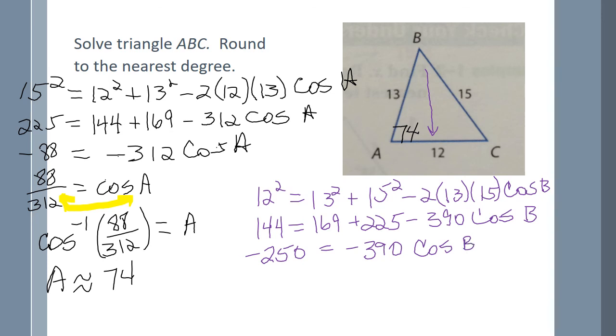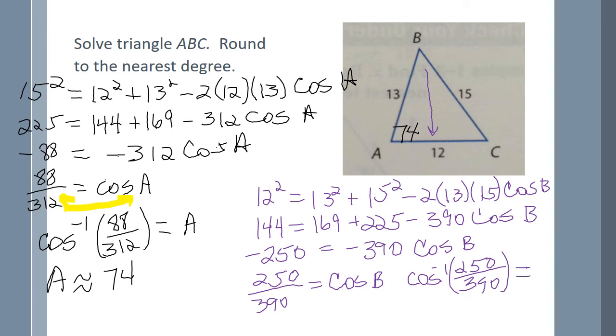So negative 250 over negative 390. Divide each side by negative 390. So I end up with 250 over 390 equals the cosine of B. So again, we're going to switch those around. I'm going to end up with inverse cosine of 250 over 390, and that's going to give me an answer for B. So we plug that in. Trig function, inverse cosine.